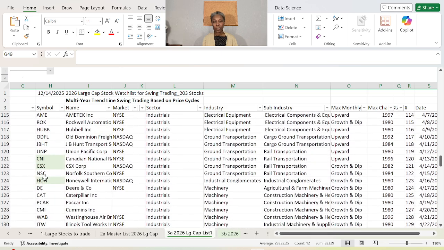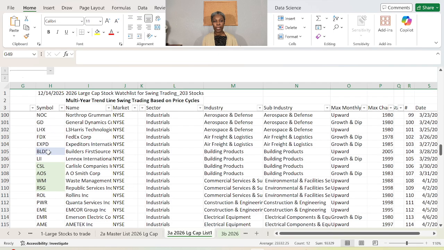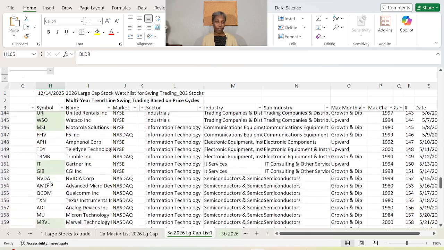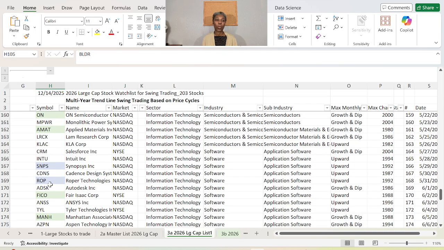And I use green for some that I purchased this year, but most of those green were purchased in 2025, or even some from 2024 as well.